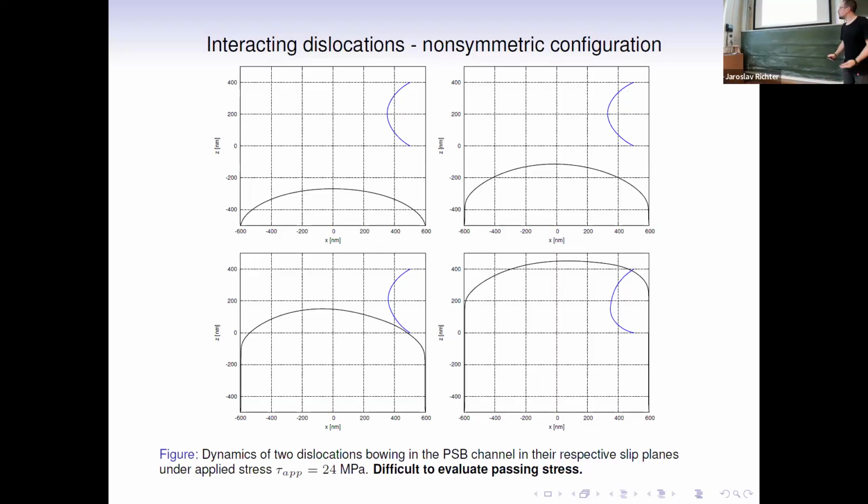Basically, we are lost, because it is an open problem even now, even for two dislocations, for example this one, which is bowing out of the walls of the channel and interacting with this one. By the way, they are again in slip planes which are parallel to one another. You cannot find any algorithmic or deterministic way to evaluate the passing stress unless you have some symmetry.